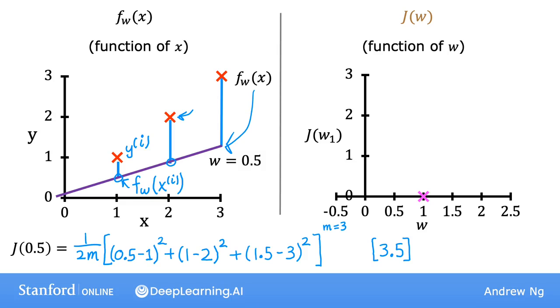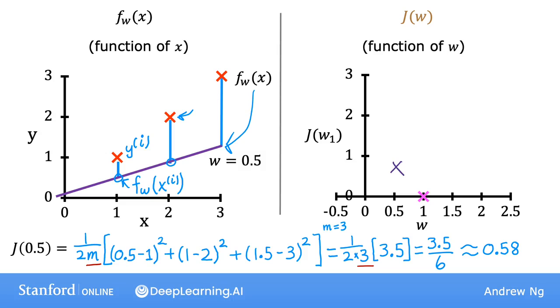So this is equal to 1 over 2 times 3, where this m here is 3. If we work out the math, this turns out to be 3.5 divided by 6. So the cost J is about 0.58. Let's go ahead and plot that over there on the right.